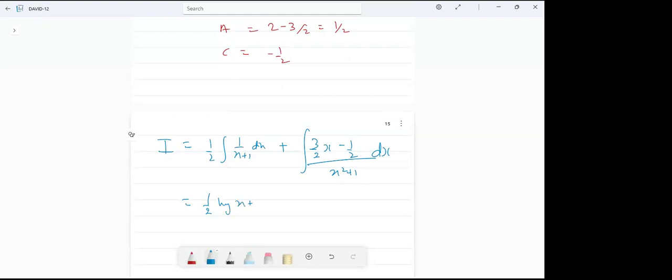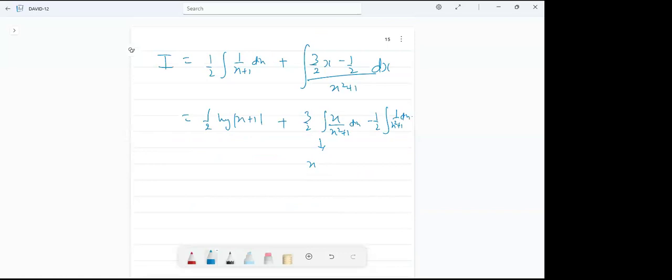So half log of x plus 1 will be there, plus 3 by 2 x over x square plus 1 dx, and minus half 1 over x square plus 1 dx. If you take x square plus 1 as t for this one, you will get 2x dx equals dt, and x dx is dt over 2.